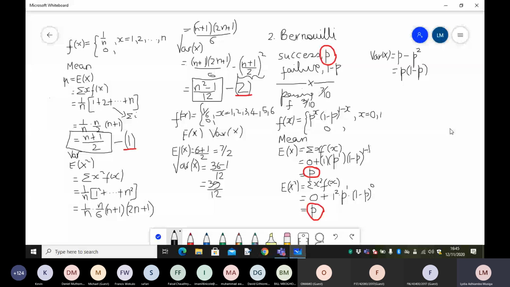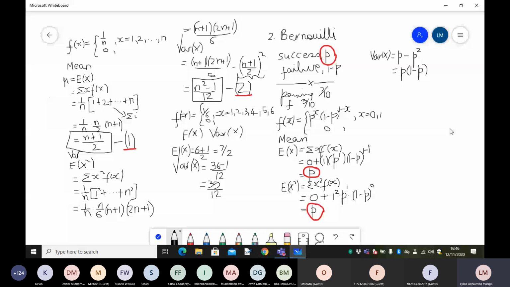Okay, so let's go to the example on the Bernoulli distribution. Example: a carton contains 4 good items and 6 bad ones.